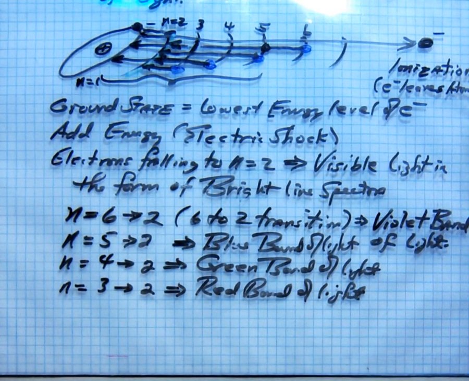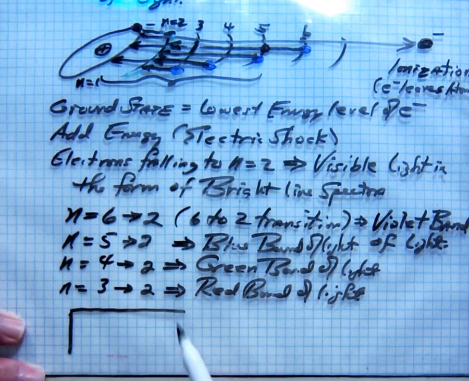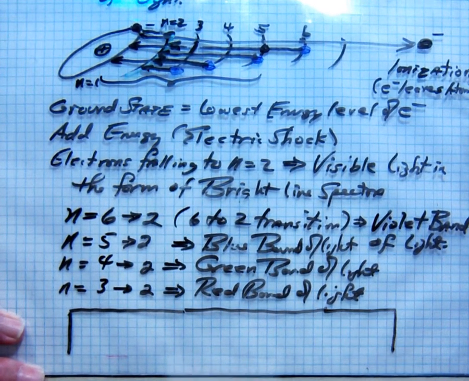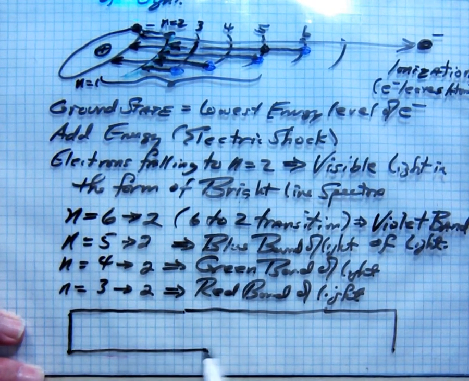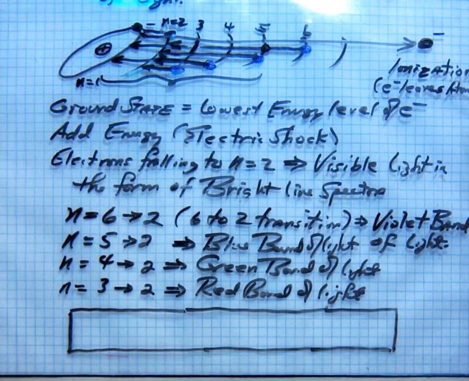The bright line spectra of the hydrogen atom, when looked at through a spectroscope or a diffraction grating, if I can find it. I have a blue down to violet.